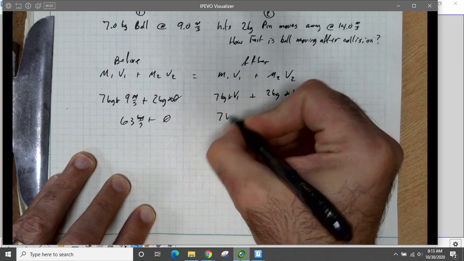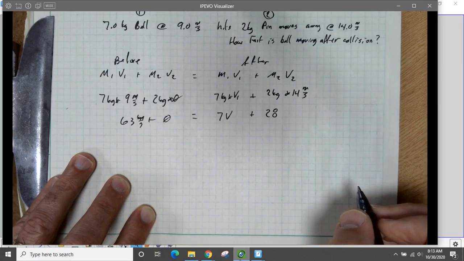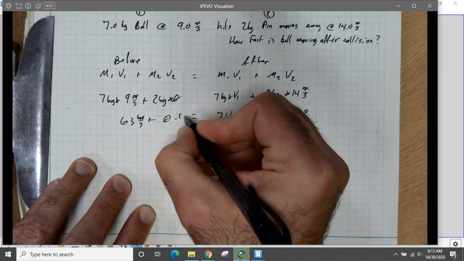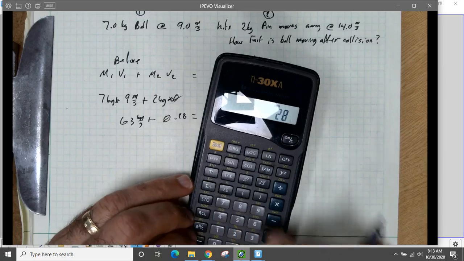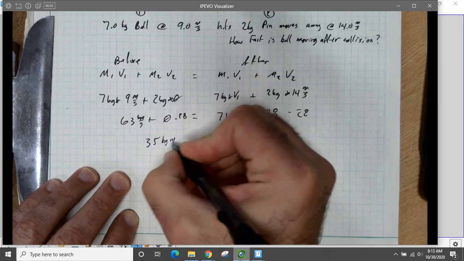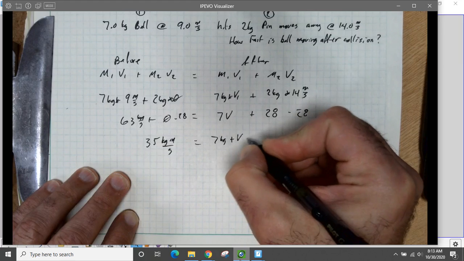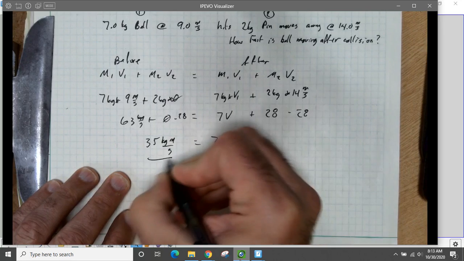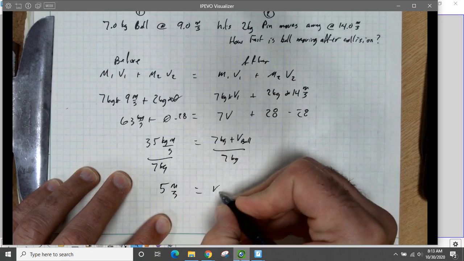So we get 7 times V plus 28, and those are equal to each other. So we're going to subtract 28 from both sides, and we get 63 minus 28 equals 35. So we have 35 kilogram meters per second equals 7 kilograms times V of the ball. So we're going to divide both sides by 7 kilograms, and we get 5 meters per second equals the speed of the ball.